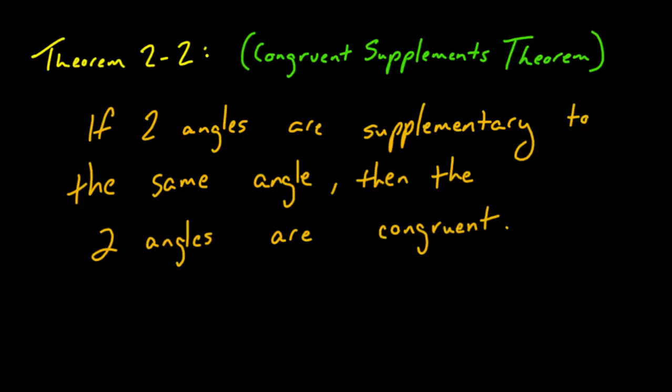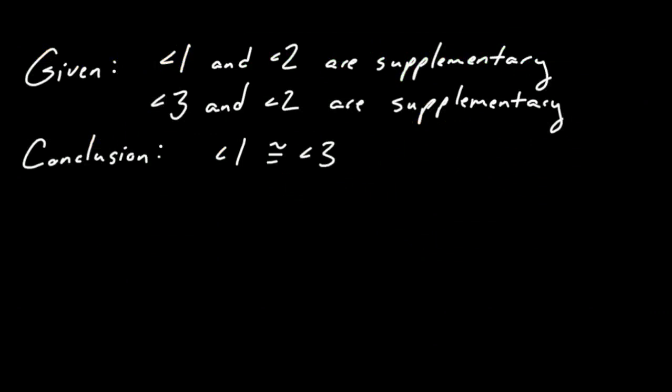So if angle 1 and angle 2 are supplementary, and angle 3 and angle 2 are supplementary, the conclusion we can draw is that angle 1 is congruent to angle 3. Let's go ahead and do that real quick. Angle 1 plus angle 2 has to equal 180 because they are supplementary.